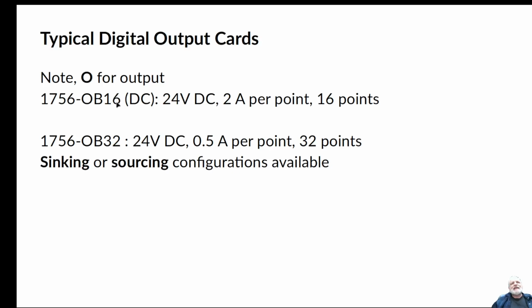The 16 means 16 data points. Okay, and this particular card is a 24 volt card. So it's 24 volts DC. It's an output card, so we're outputting that, and it can actually output up to 2 amperes for each point. And so I was pretty impressed with that. Didn't realize that they had that much ability to send current out of those cards.